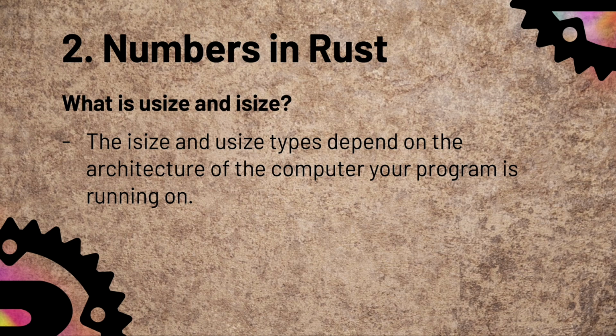In a 32-bit system, ISIZE is the same as I32 and USIZE is the same as U32. The same goes for a 64-bit system: ISIZE is the same as I64, and USIZE is the same as U64.